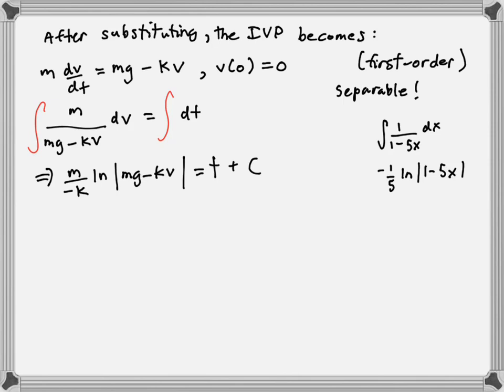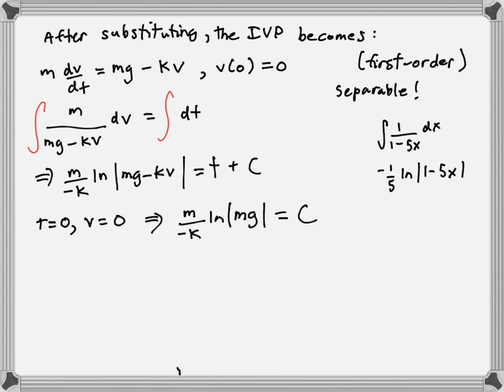If v of 0 is equal to 0, we plug in t equals 0 and v equals 0, and you end up with m over negative k times the natural log of mg is equal to c.